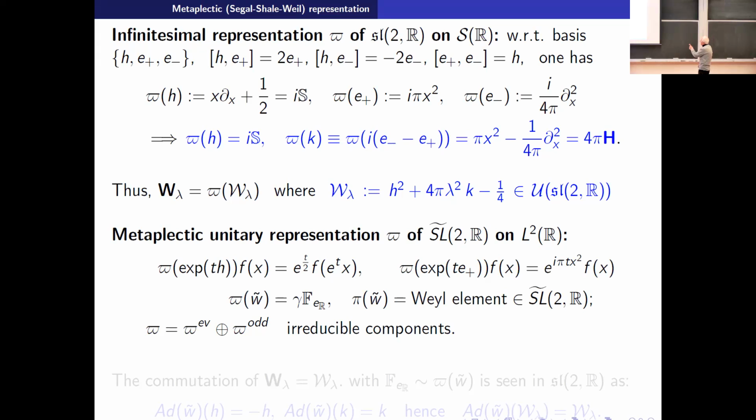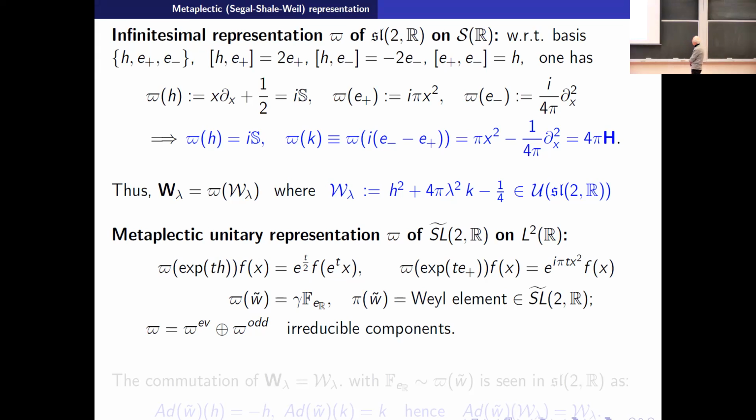Okay, now the point about the metaplectic is that it's not a unitary representation of SL2. It's a unitary representation of a double cover of SL2. That's why it's called the Siegel-Shale-Weil representation.